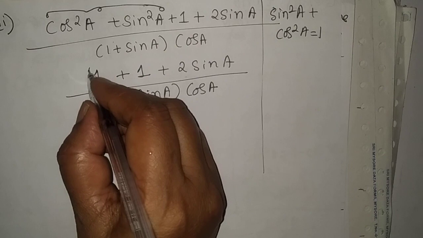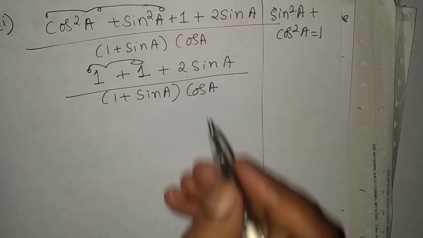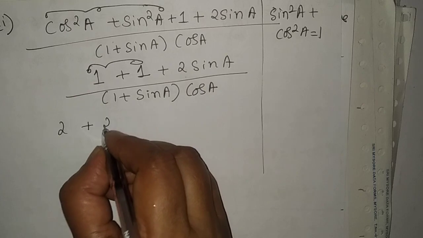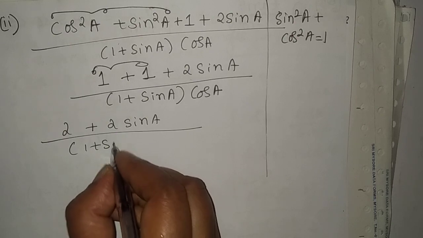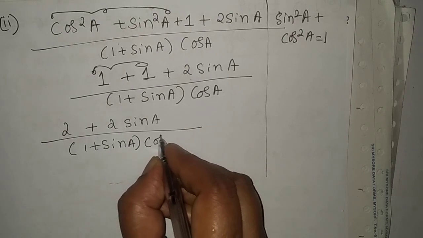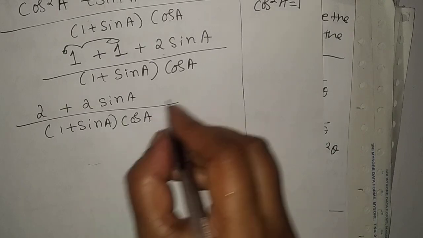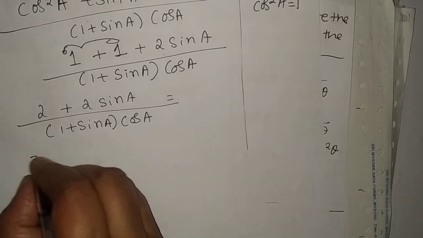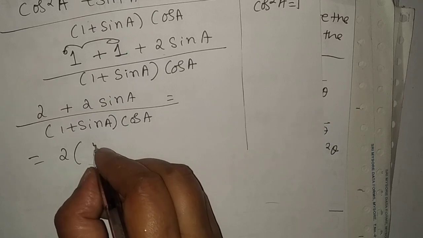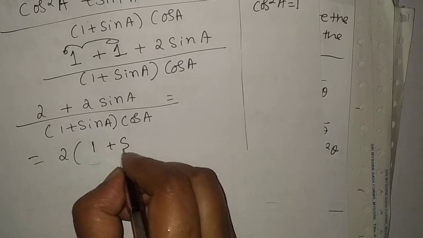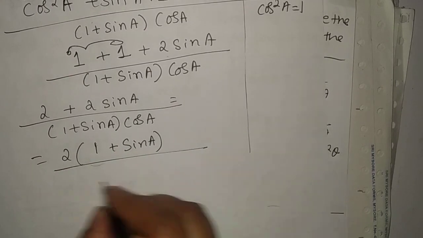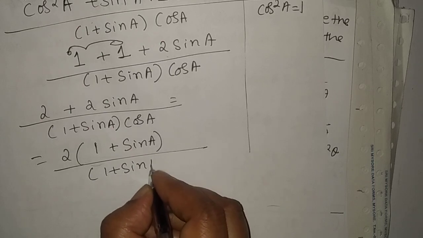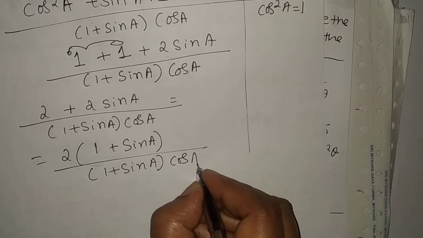After this, add these two. We'll get 2 plus 2 sin A over 1 plus sin A into cos A. After this take 2 common, remaining is 1 plus sin A by 1 plus sin A into cos A. So 1 plus sin A cancels.